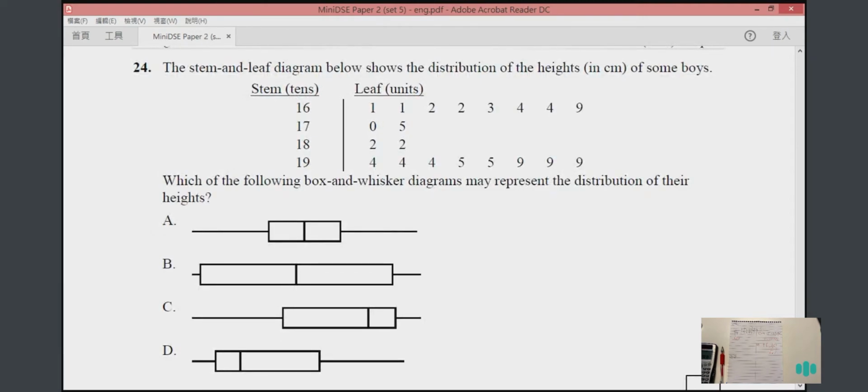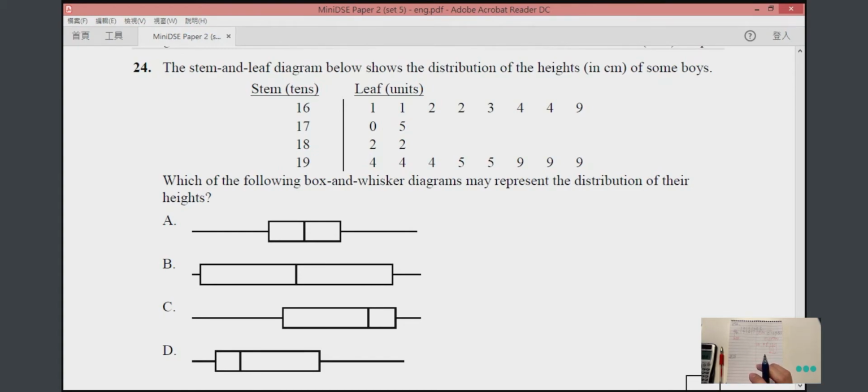They have different figures. From the stem and leaf diagram, you can mainly concern about Q2. First of all, you can see that options A and B have the Q2 in the middle.